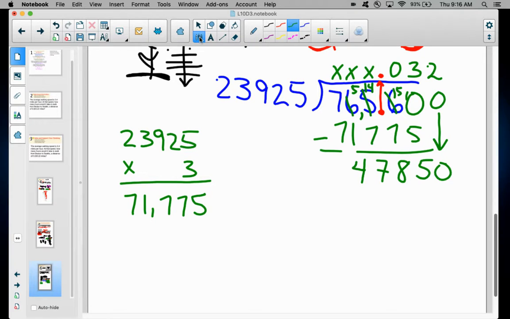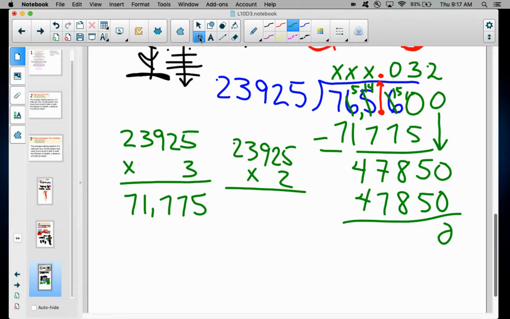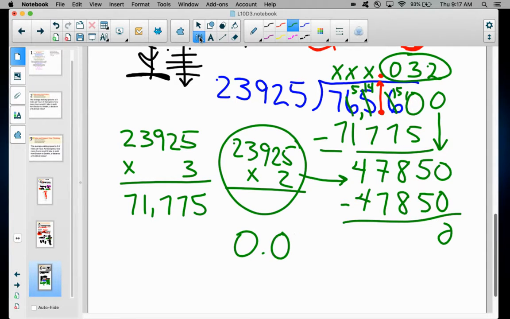Now we have that 47,850, which is what we get when we multiply our divisor by 2. So we are going to have a 0 remainder at this point. It was only 2 subtraction problems. And we do have our answer of 0.032, 32 thousandths of an inch, which makes sense because it's not going to grow that much per hour.